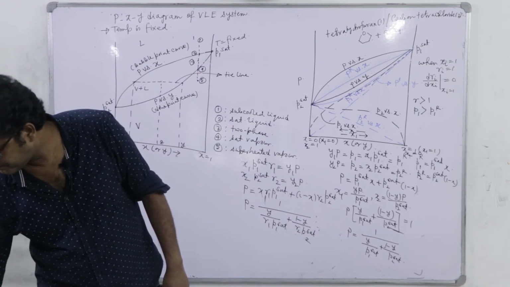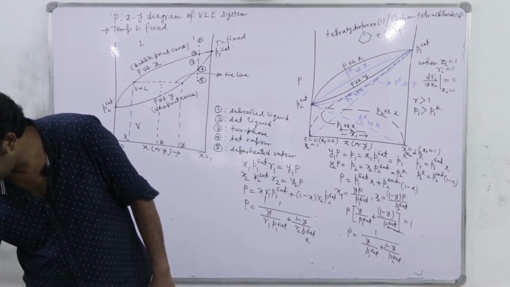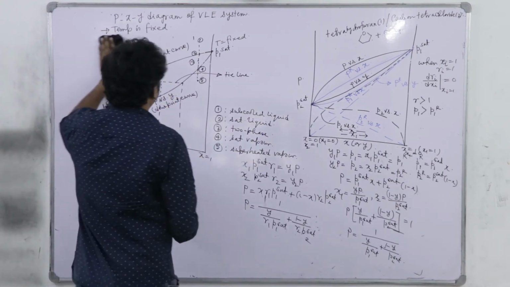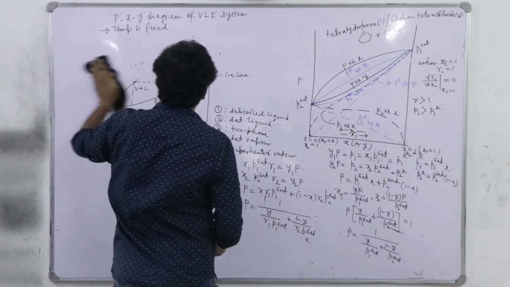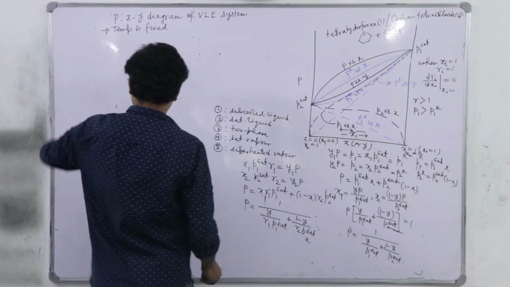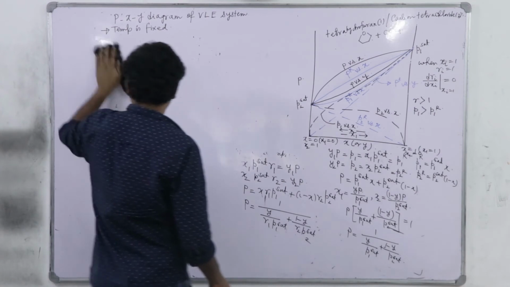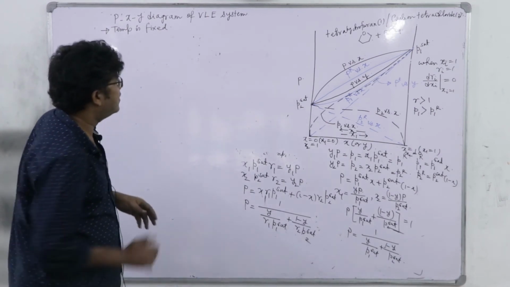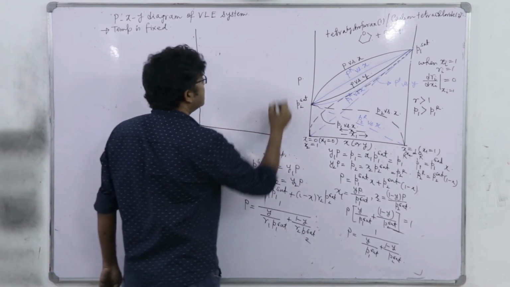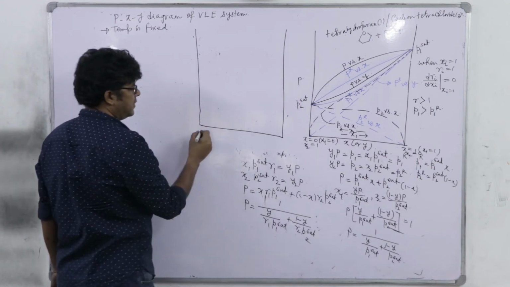Next is the negative deviation, when gamma is less than 1. When gamma is less than 1, you see I am drawing it side by side. Actually, I should have drawn it in the same curve.